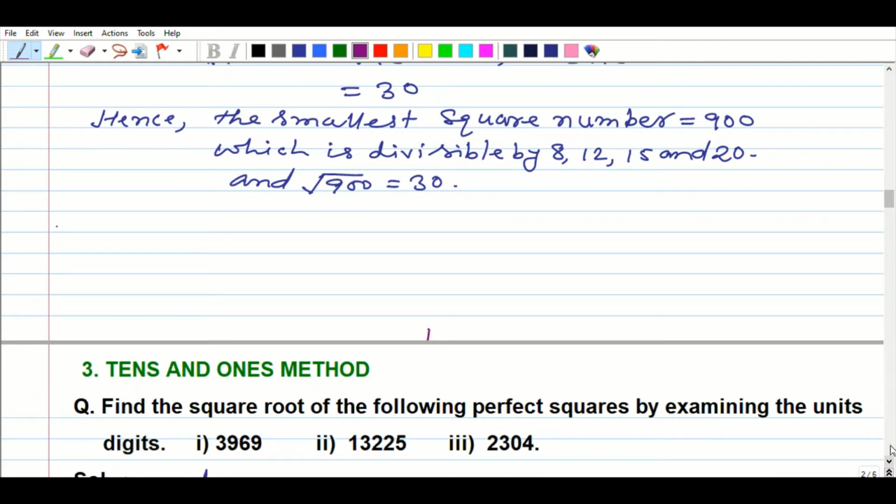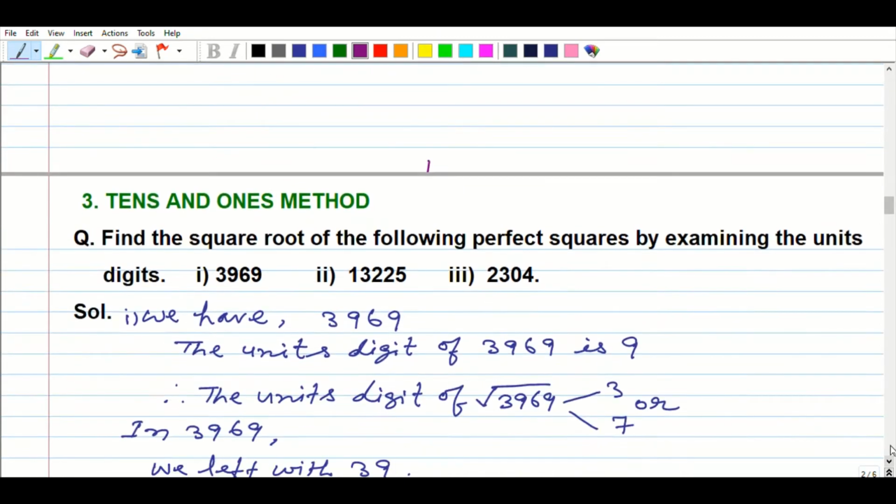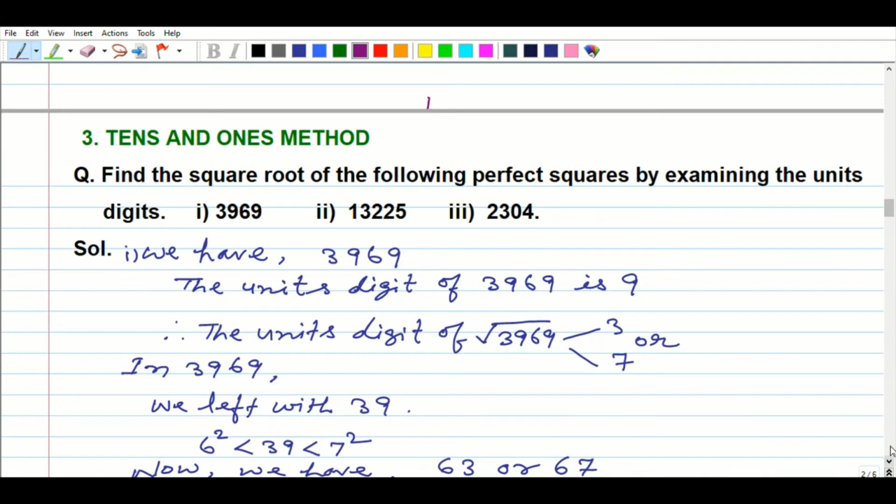Here the first number we have is 3969. The number 3969 ends with 9. So the units digit of 3969 is 9, right?